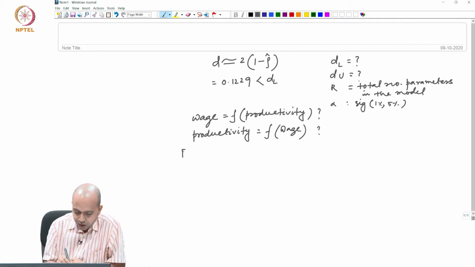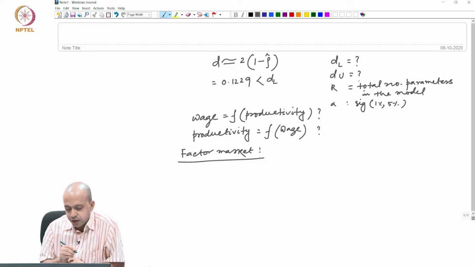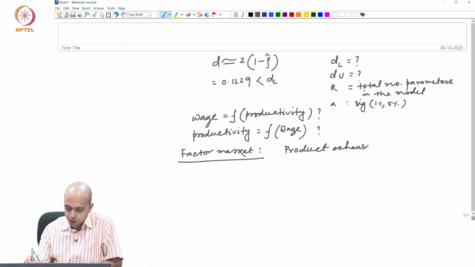In factor markets, there is one theorem which says that in a perfectly competitive market, when the laborers are paid based on their value of marginal product, then the value of the total product gets exhausted, which is called the product exhaustion theorem.